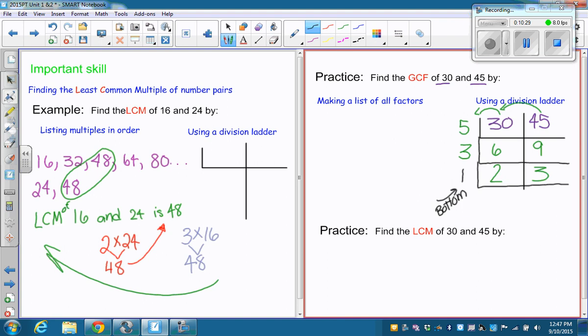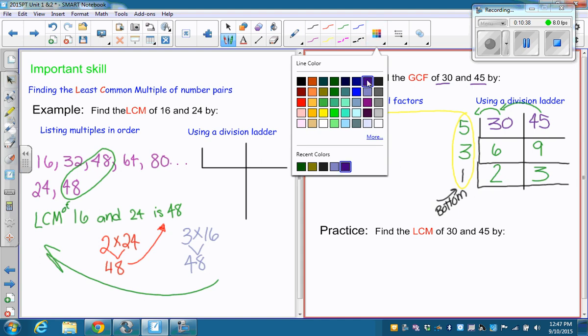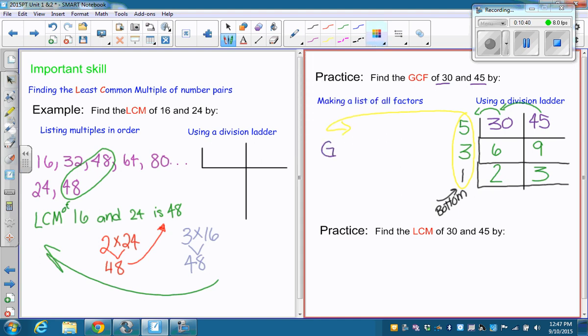So to find the GCF, you take the numbers on the side and you multiply them. So the GCF of 30 and 45 is 5 times 3 times 1, which is 15.